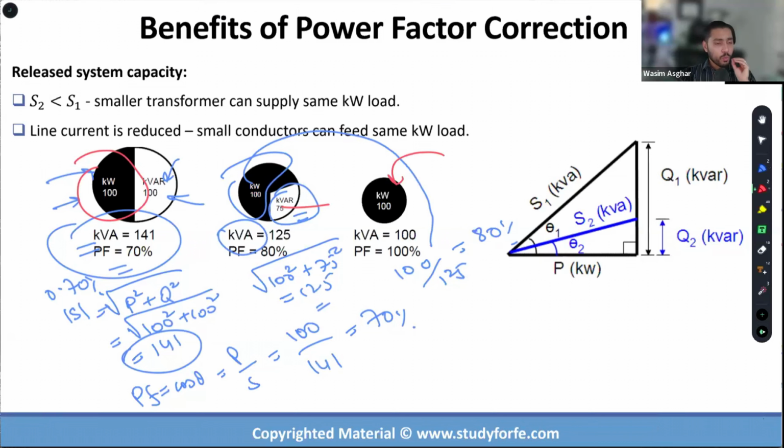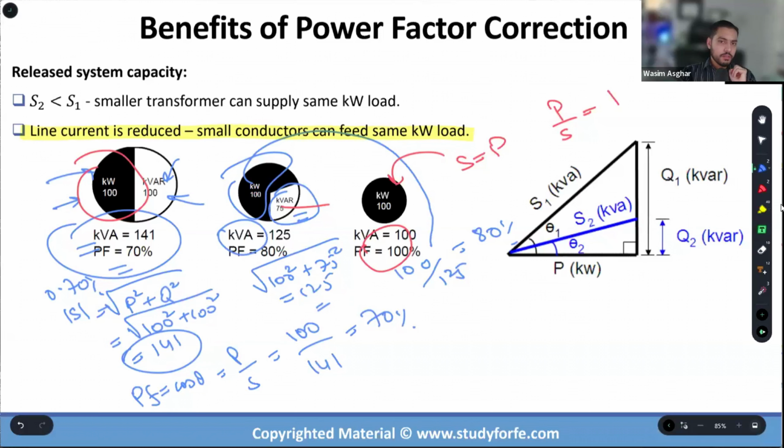And when you hit 100% real power, then your S is equal to P, right? And in that case, the ratio of P divided by S is equal to 1, and that is a unity power factor. Now, this is just looking at the power factor. There is something more interesting that is happening in the background, which is the line current.